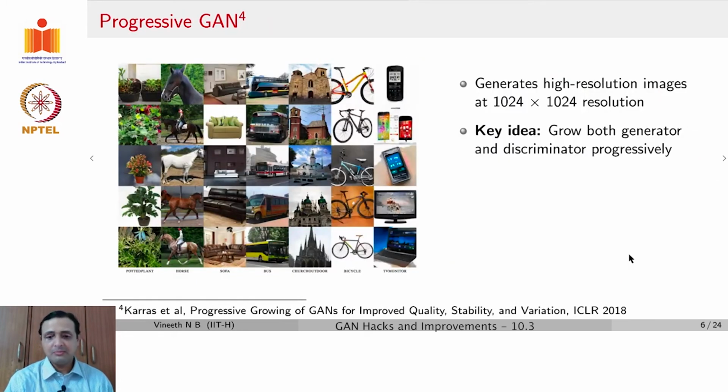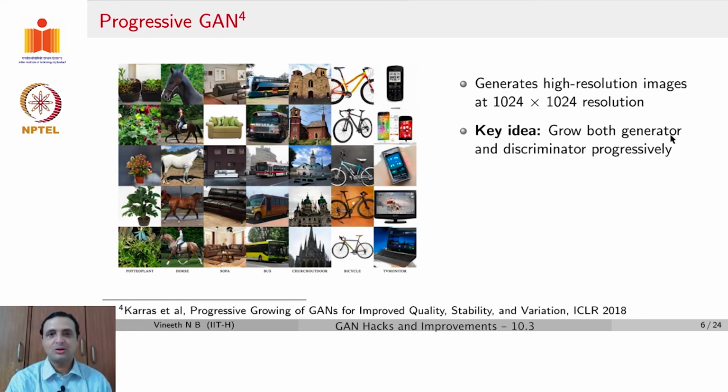Another popular method that came in 2018 is known as the progressive GAN. The progressive GAN is designed for generating high resolution images up to 1024 x 1024. And the key idea is in the name of the method itself: the method progressively grows the generator and the discriminator.